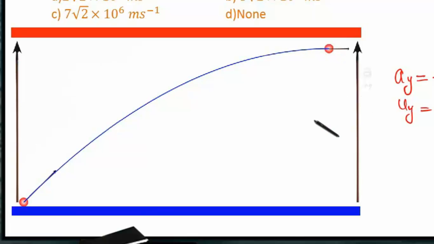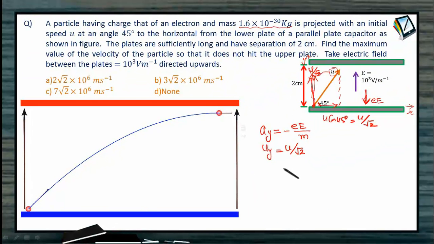Here the electric force is acting as the force of gravity in projectile motion. So we are interested in finding the final y coordinate when its vertical component of velocity becomes 0, because that will be the highest point of the trajectory.